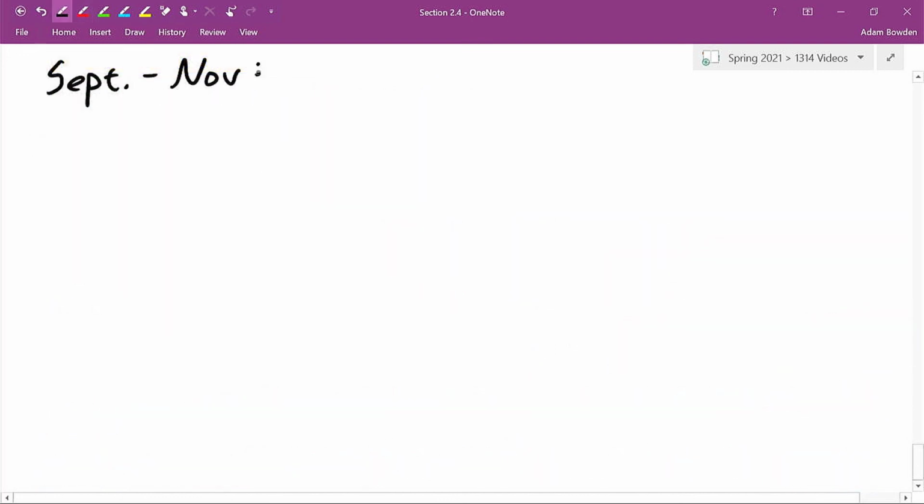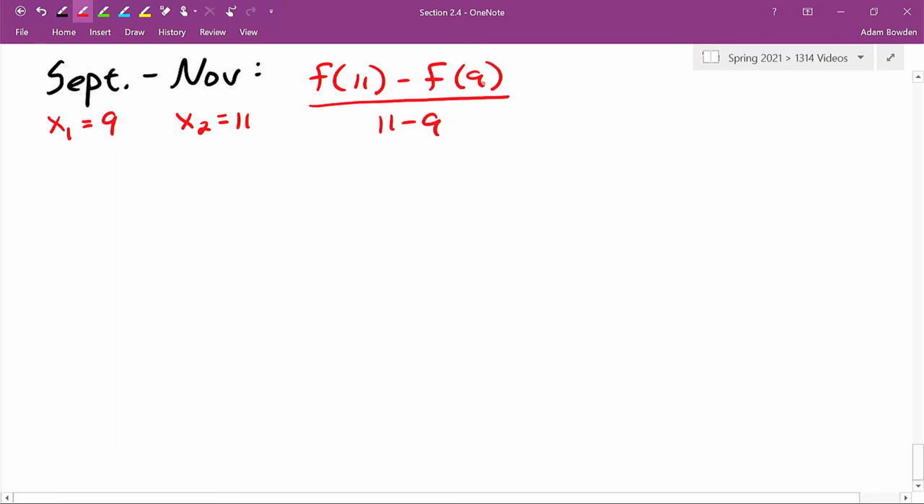For September to November, we're going to be using September, that'll be our x1 equal to 9, and x2 for November, that'd be 11. So we're going to calculate f of 11 minus f of 9 divided by 11 minus 9. Now I calculated f of 11 and f of 9 much like the last one, so I had to plug it in and run the numbers.